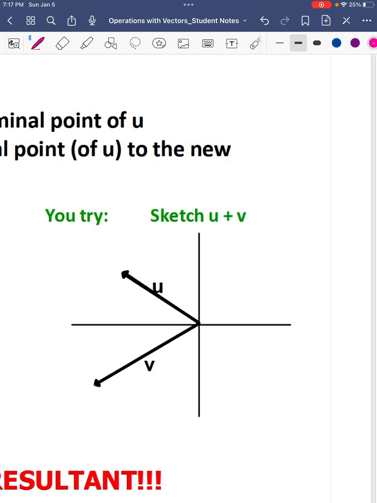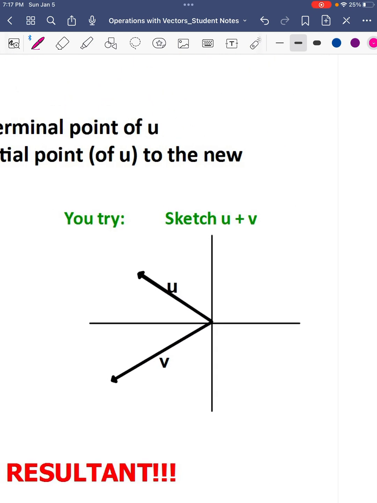All right, we're going to try another one. Sketch u plus v. You can try it out first. Again, it lists u first. So we're going to go to the end of u and make a copy of v. And then once we have the copy, we're going to draw the resultant from the start of u to the end of where v ended. So there's v, u plus v.